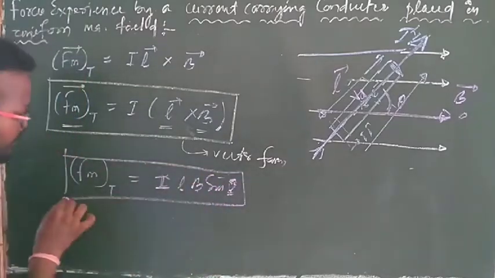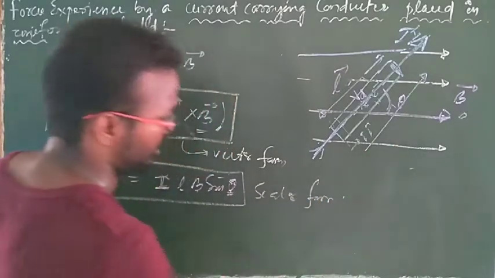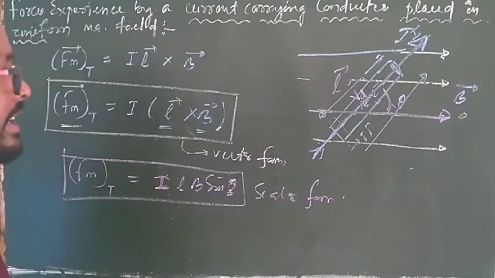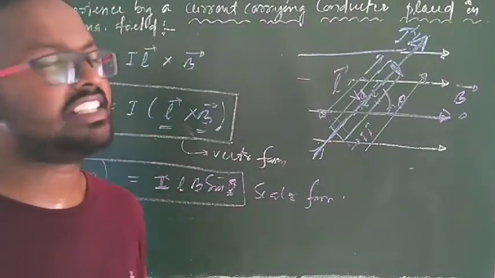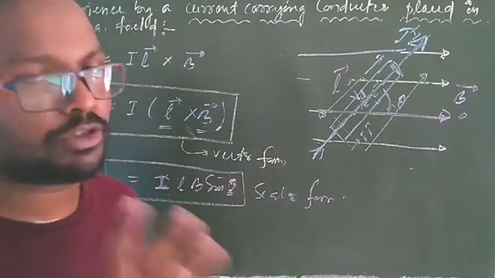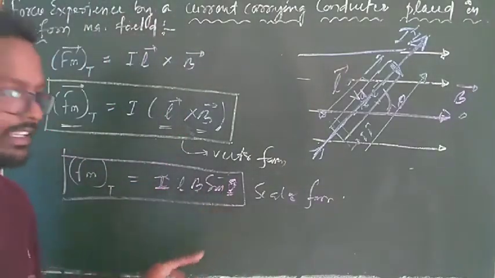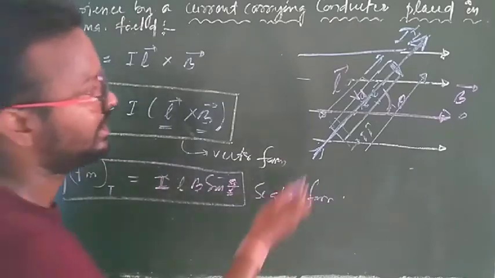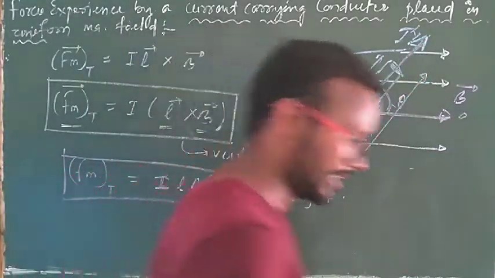The total magnetic force experienced by a current carrying conductor placed inside a uniform magnetic field is equal to ILB sin theta, where theta is the angle between the length element and magnetic field B vector.